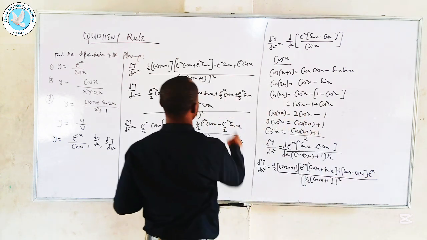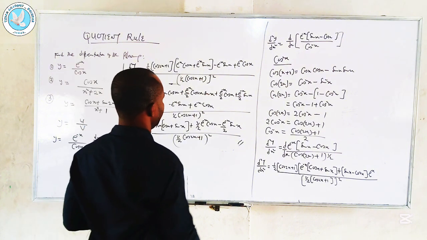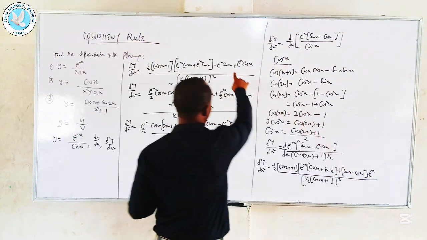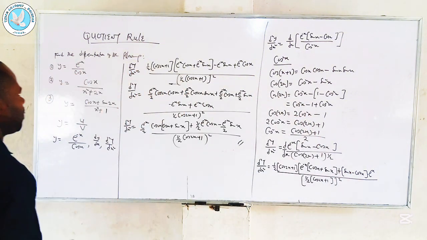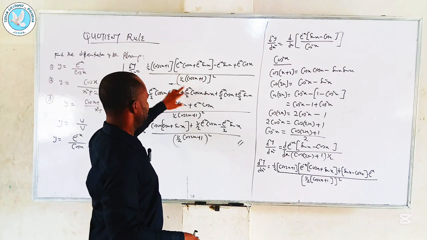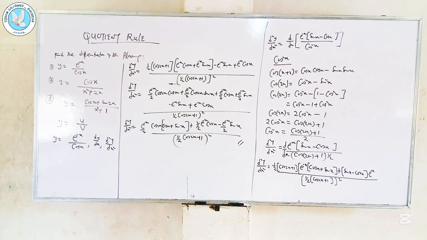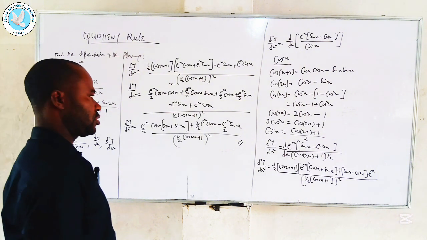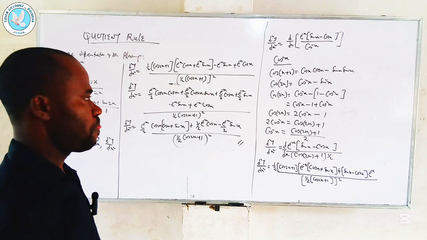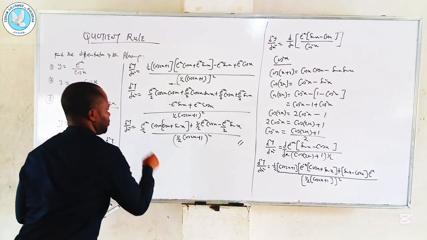That is why this is negative, and also influences this, and we have that positive sign. So when we multiply this through, we have this and we have that finally. So that is how we can use the quotient rule to carry out even the second derivative of a given equation.